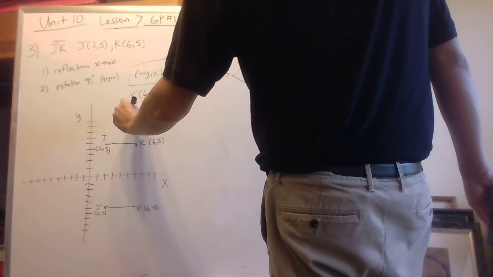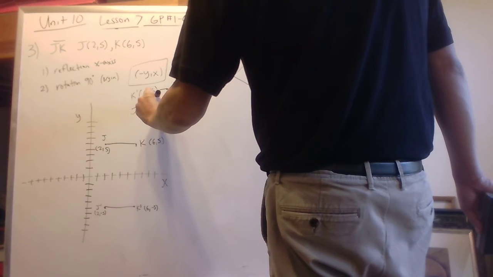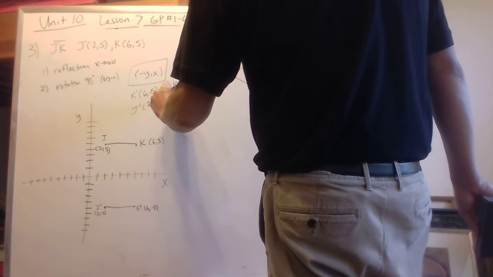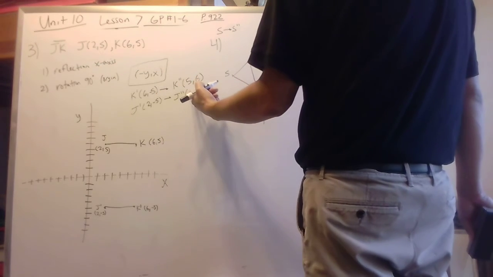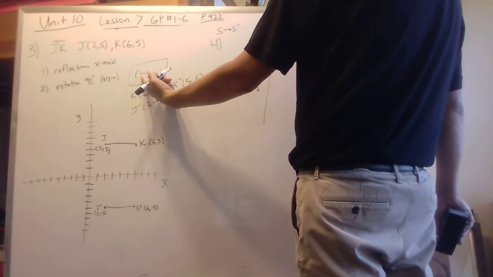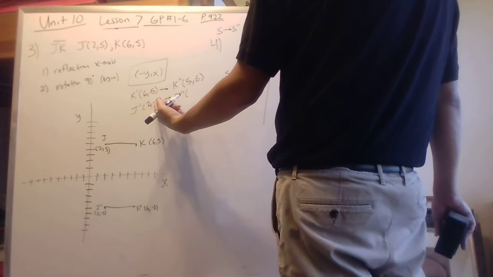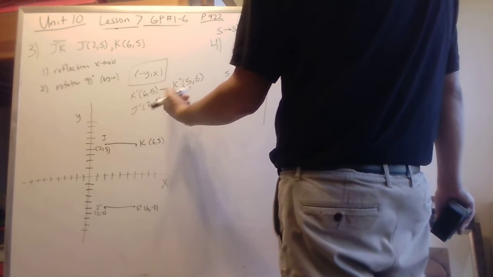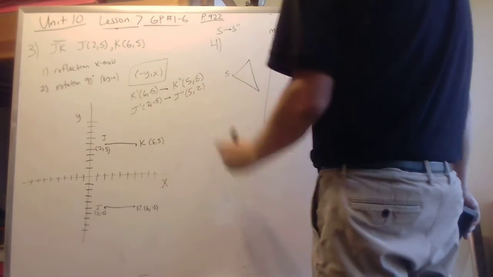And then lastly, we have J prime, which is at 2, negative 5. And so J double prime, we're going to put negative 5 over for the x location. But since it's a negative y, negative 5 times a negative is a positive. So it's going to be positive, and then we're going to have 2 right here.